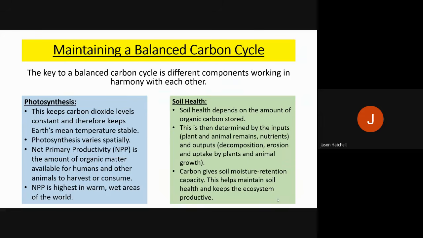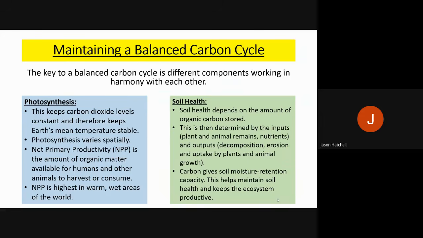Soil health is also really very, very important to maintaining a balanced carbon cycle. Now, soil health depends on the amount of organic carbon actually stored in the soil, and that then is determined by inputs like plant and animal remains, nutrients, and also what comes out of the soil, like decomposition, erosion rates, uptake of animals and plants for growth, etc. So what I'm saying here is that soil health depends dramatically on the amount of carbon that is stored in the soil.